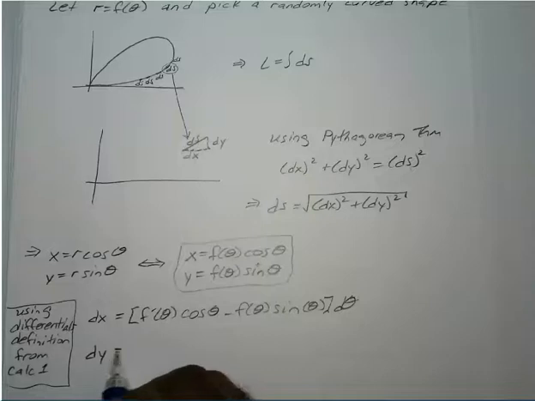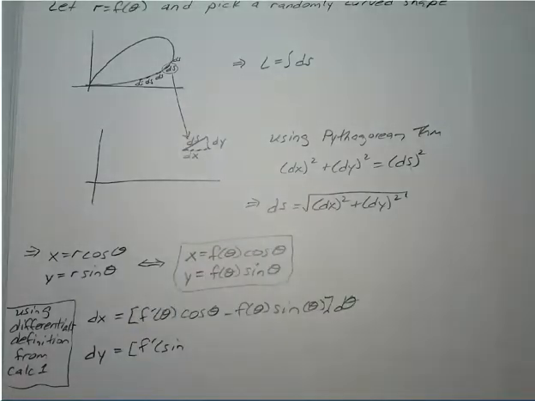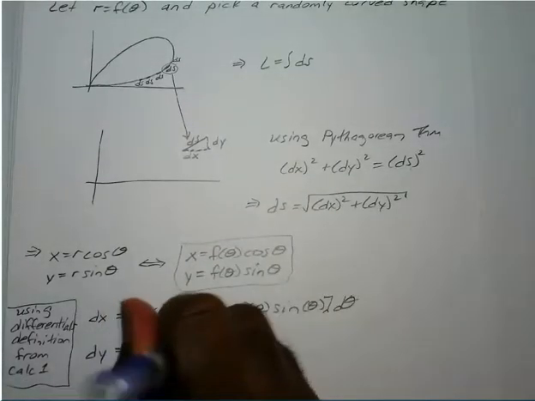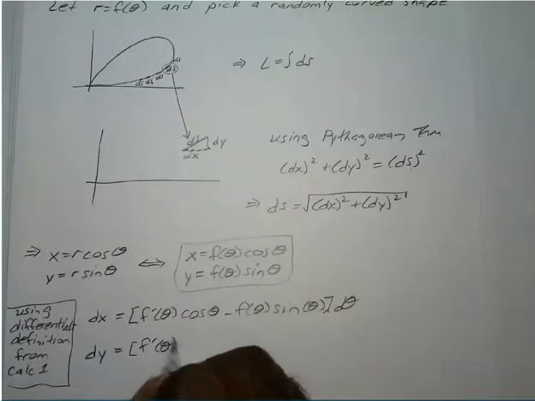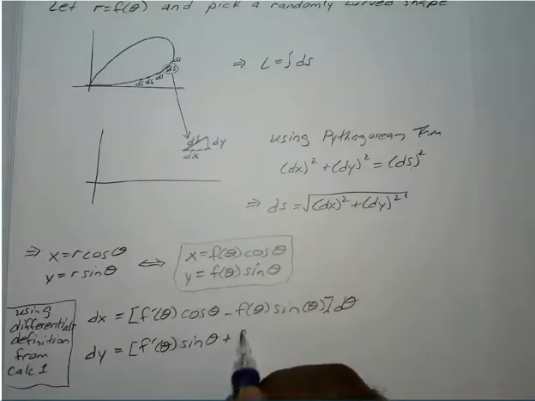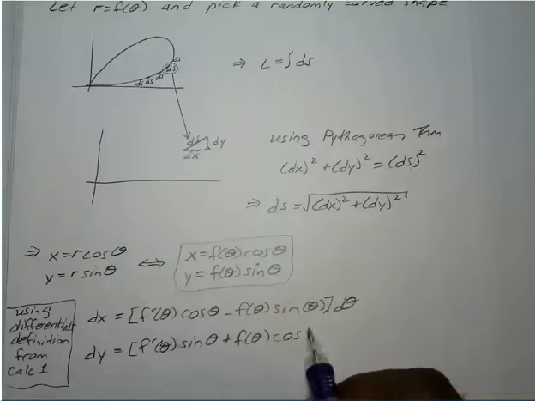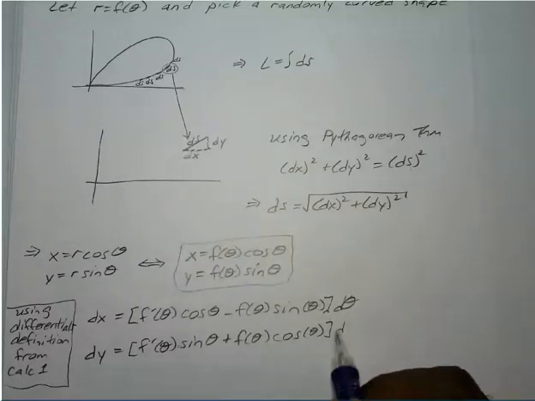Then dy is equal to f prime of theta sine theta plus f of theta cosine theta, with respect to theta.